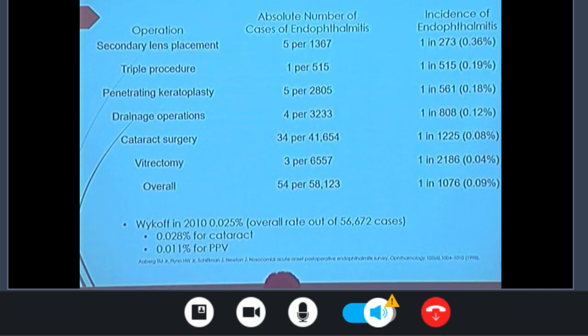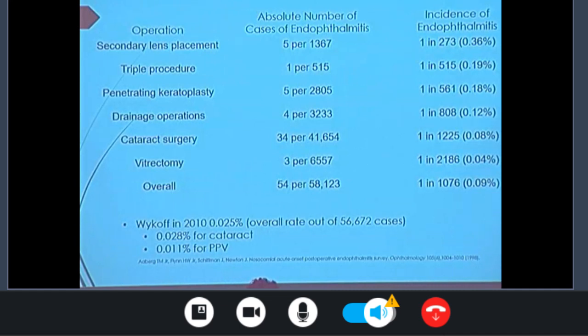Now, Aaberg, in 1998, compared the rates of endophthalmitis according to all the procedures he studied, in over 58,000 patients. He found that the highest rate was with secondary IOL placement, with an incidence of about 1 in 273 patients, or 0.36%, which is very high.